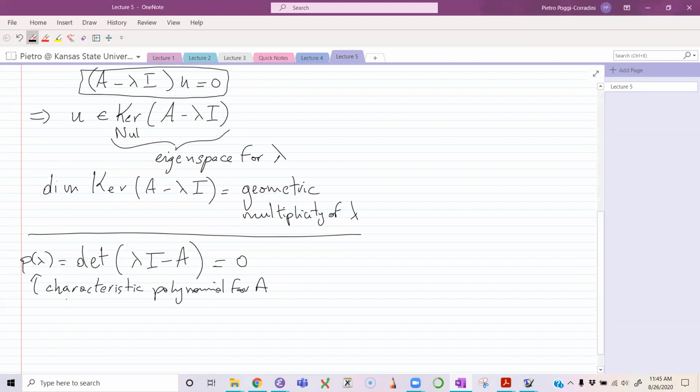And in fact, from general theory of polynomials, we know that there are always exactly n complex roots, right? And that's kind of a problem because our matrix A is real. And so if we get a complex root, it's not clear what we're going to do with it.